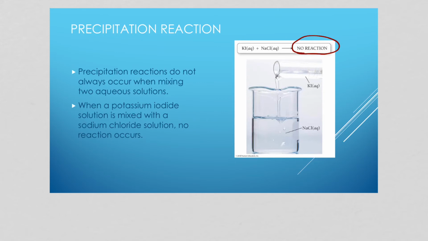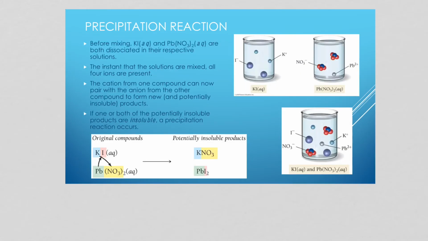So keep that in mind as we're going through the process: just because we do this doesn't mean a precipitate will always form. So let's analyze how we do this.